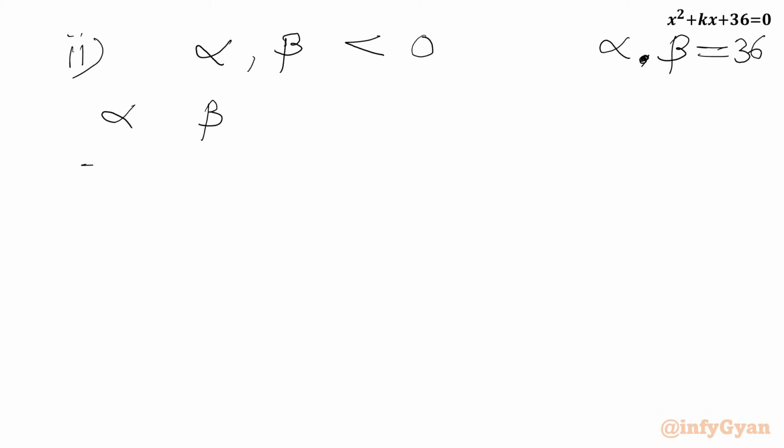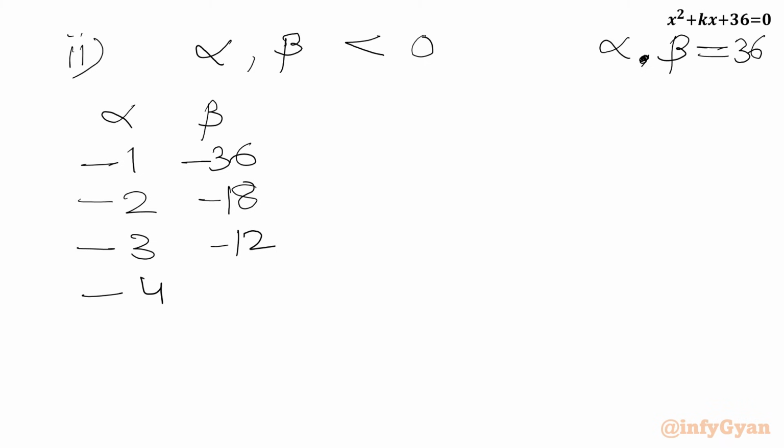If we multiply minus 1 with minus 36, we get product plus 36, then minus 2 and minus 18, minus 3 and minus 12, and minus 4 and minus 9. Then we get minus 6 and minus 6, which is rejected as we are looking for distinct integers. Then we can write minus 9 and minus 4, minus 12 and minus 3, minus 18 and minus 2, minus 36 and minus 1, which we won't accept as the equation is symmetrical.